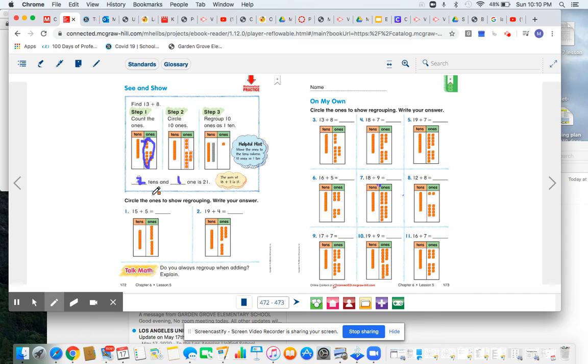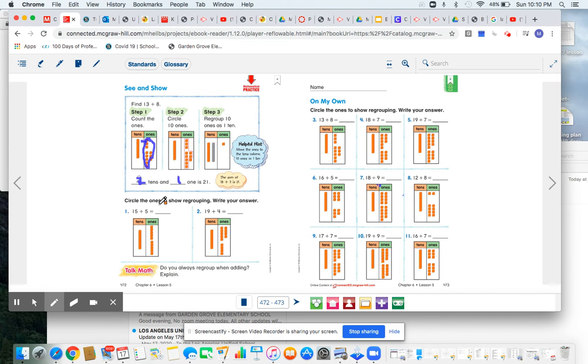Okay, so when you add 13 plus 8, the sum is 21. So 13 plus 8, your total is 21. You have 2 tens and 1 one.